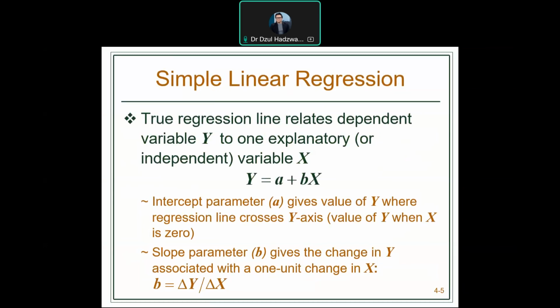As I told you, a is the constant, and I gave you an example. What does it mean by constant, when do we need to put the constant in the model, and when should we not consider the constant in our model or estimation. And then b is the coefficient, the parameter to explain the value of x.